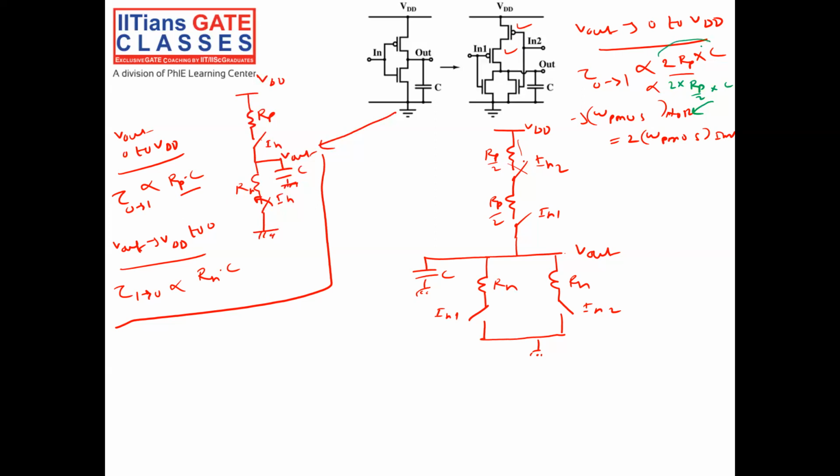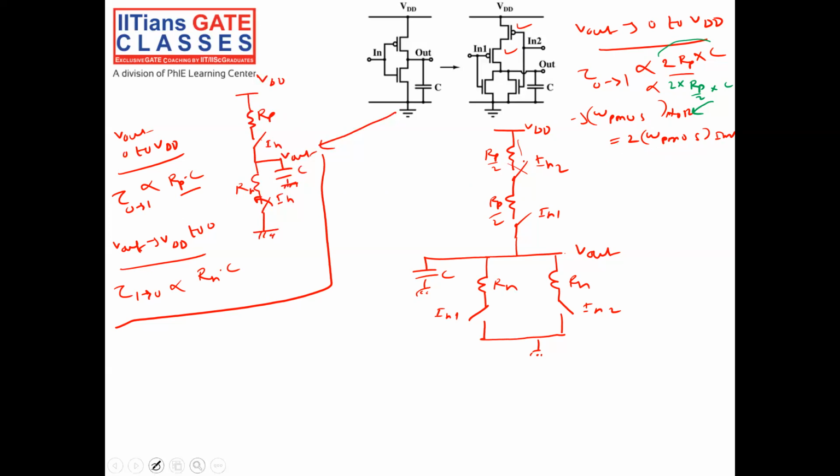Originally if I take the same size as the inverter, but I have to take double the size to make my resistance path same as inverter. So the size of PMOS in a NOR gate should be 2 times the inverter.